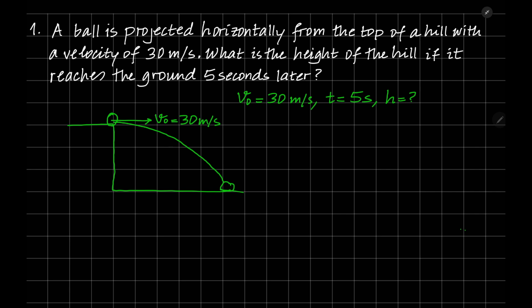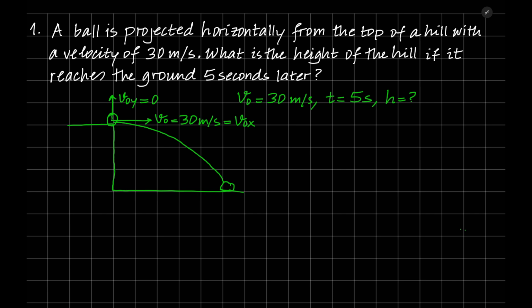This is also equal to the horizontal component of the velocity, and the vertical component of the velocity is 0, because it's projected horizontally. The horizontal component of the velocity is always constant along the motion.